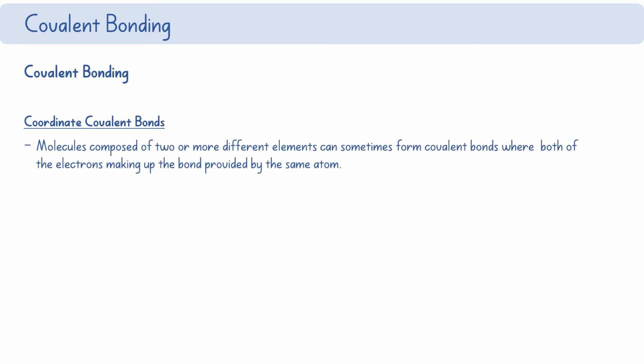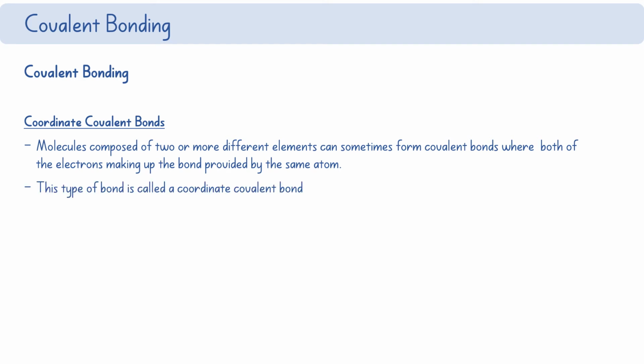Another term, the coordinate covalent bonds. Molecules composed of two or more different elements can sometimes form covalent bonds where both of the electrons making up the bond are provided by the same atom.